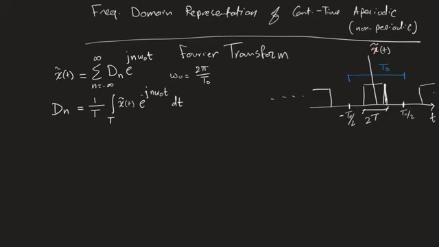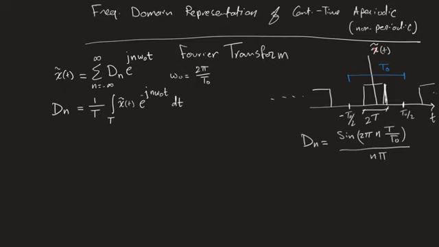Again, for this particular example that we solved here, we found that dn is equal to, let me try to remember, sine of 2 pi n t over t naught, something like that, divided by n pi, if I remember correctly, I hope I got it right.